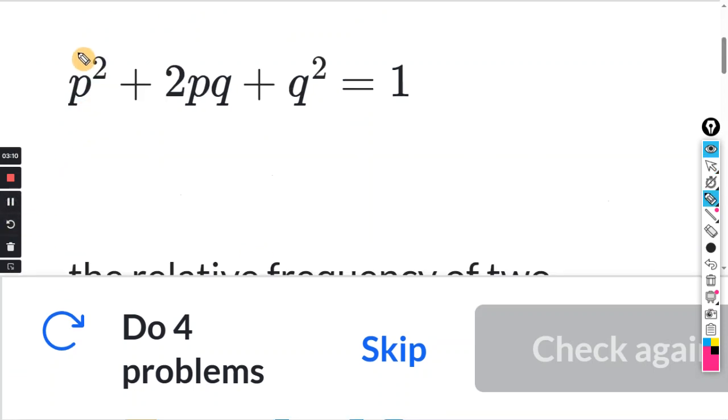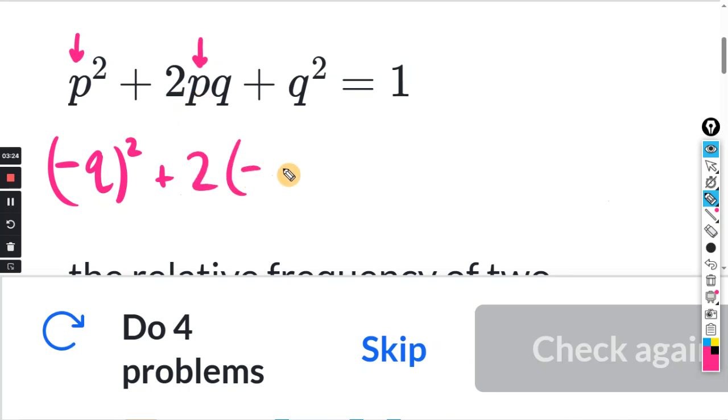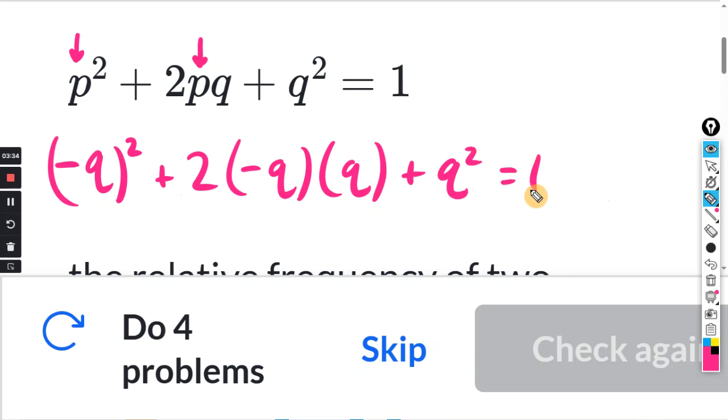All right, wherever we see a P, we're going to plug in negative Q. So right here, we're going to do negative Q quantity squared plus 2 times negative Q times Q plus Q squared equals 1. All right, we want to see if this works.